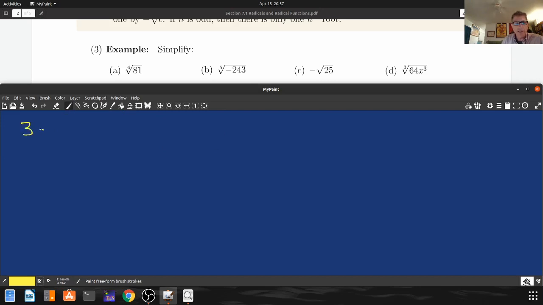And 3D. So let's do the cube root of 64x cubed. So I need some expression b such that b cubed is equal to 64x cubed.